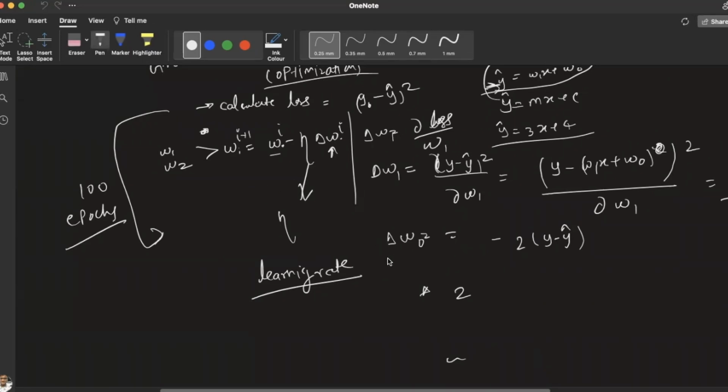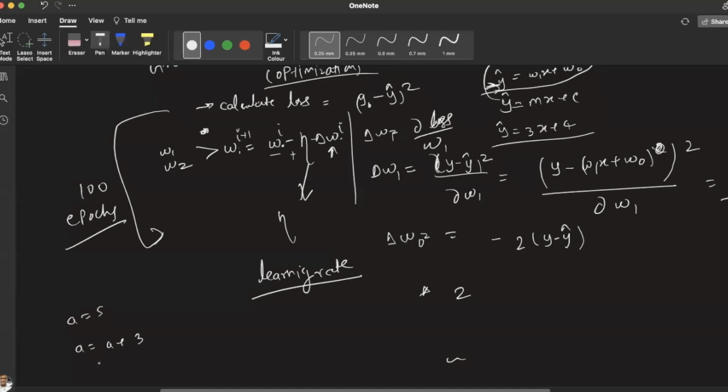If the value of delta W is negative, what will be the weight in the next iteration? Will it be increased or decreased? If it is minus, and you put it over here, it is also minus, it will become plus. You are doing nothing but, let's say you have a equals 5, and you are doing a equals a plus some value, let's say 3.